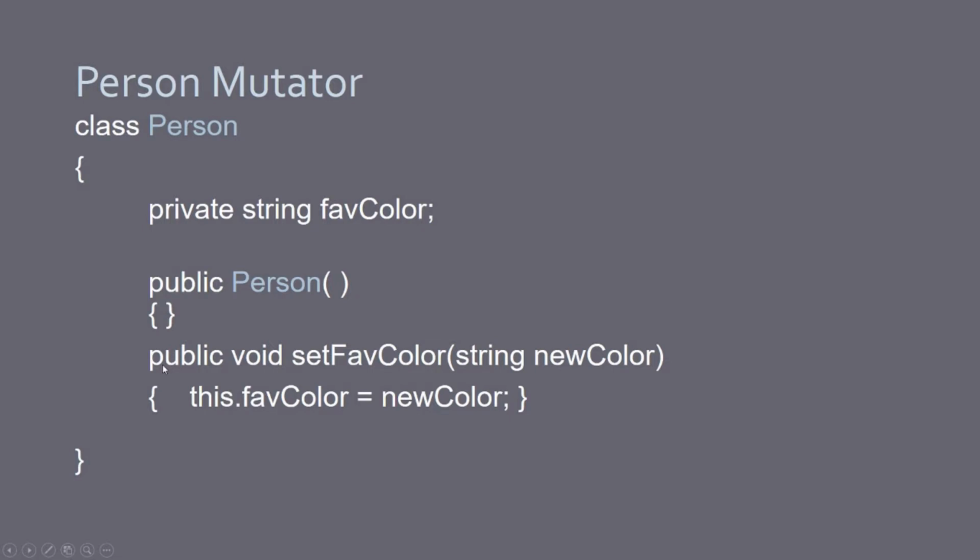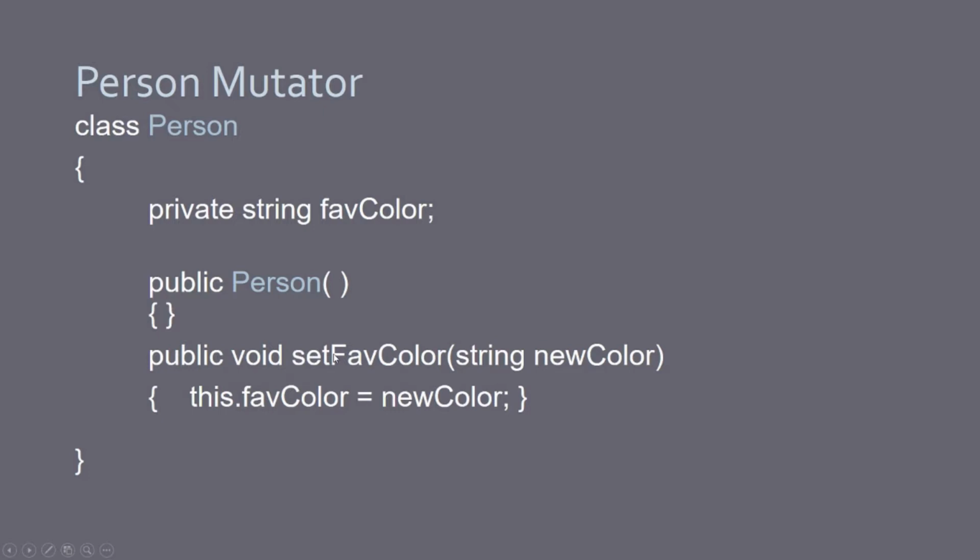So it will be a regular method, so we want it to be available to classes outside of ours, so we're going to set its access mode to public. This method is not going to return any data, so we're going to use the void keyword. Its method name is going to be setFavColor. Now notice the FavColor is exactly the same as our data element name, except that in my camel case, I've created an uppercase letter here for the first letter, and in our private data element, it's a lowercase letter.